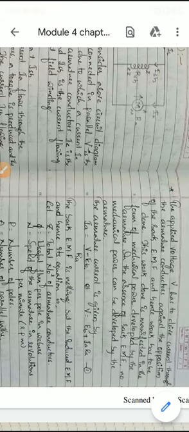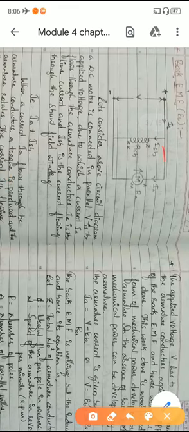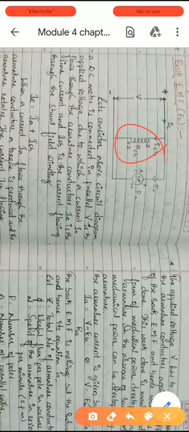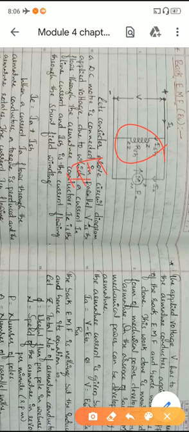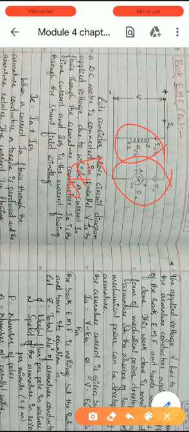Now suppose there is no field resistance. Then there will be no back EMF. If there is no back EMF, there will be no opposition for the armature current. If there is no opposition for the armature current, then there will be no mechanical power, right? In that case the motor will not rotate.